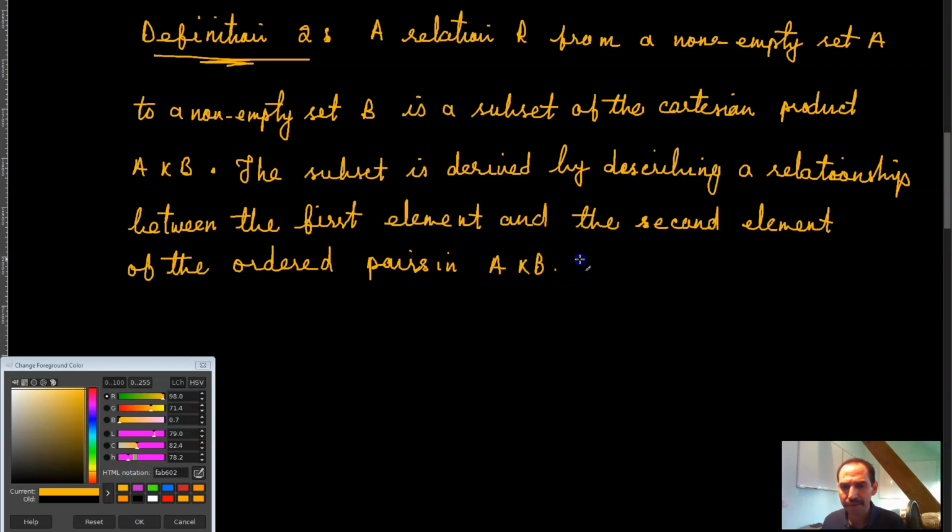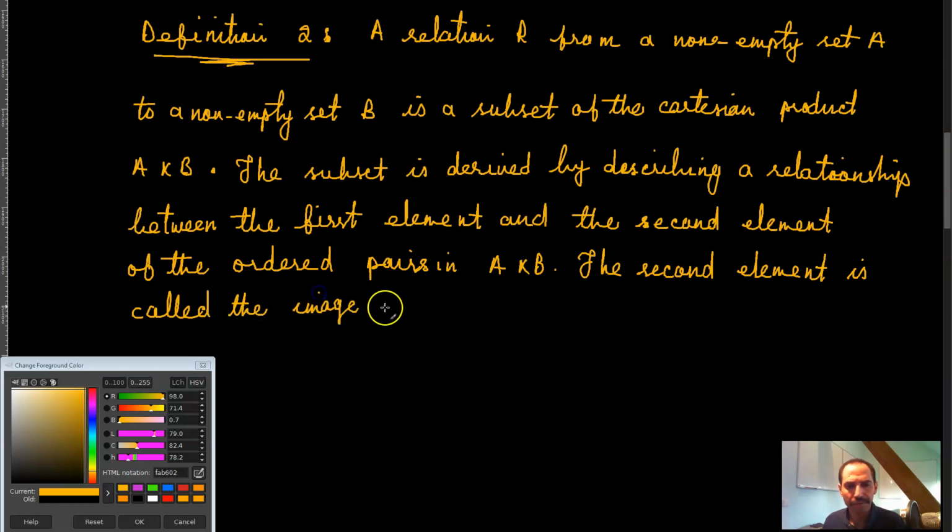The second element is called the image of the first element.